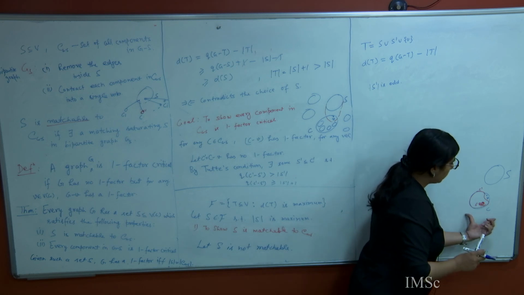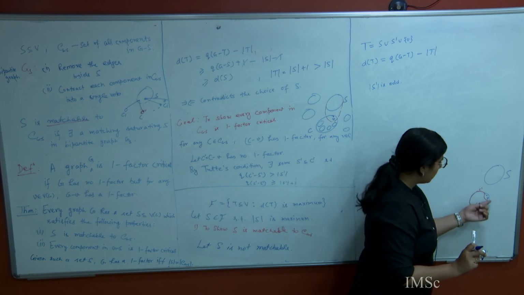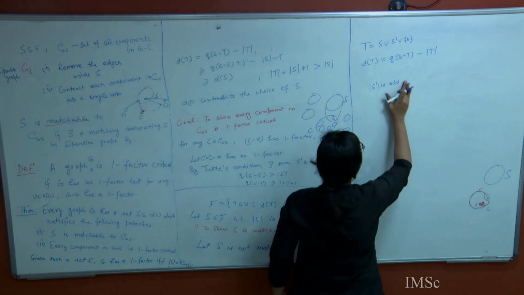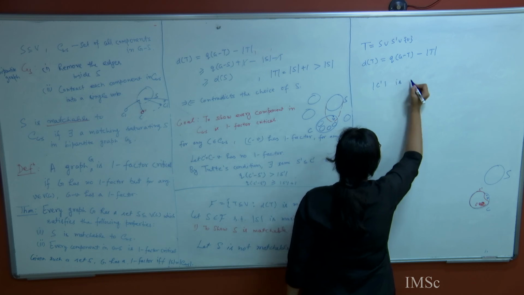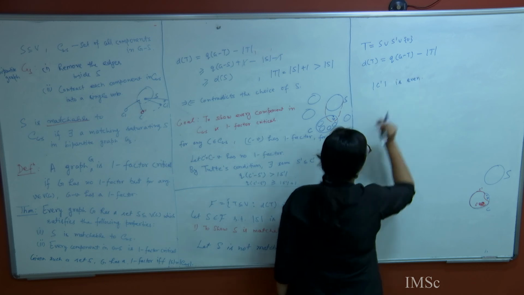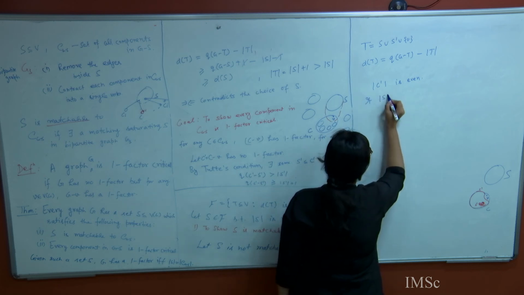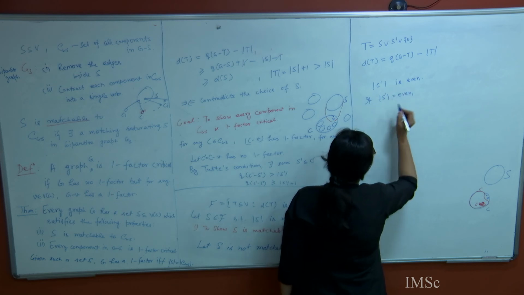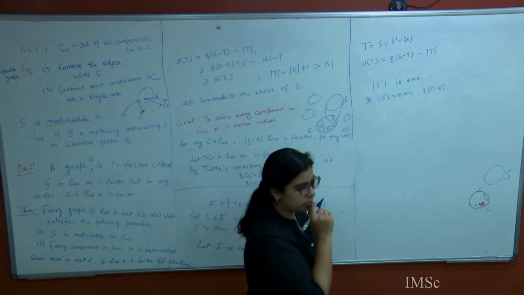Okay. Now we have proved earlier that every component is an odd component. We are removing this V, so now C prime is even, right? Note that cardinality of C prime is even. Now if the cardinality of S prime is even, then what can you say about the number of odd components in C prime minus S prime?